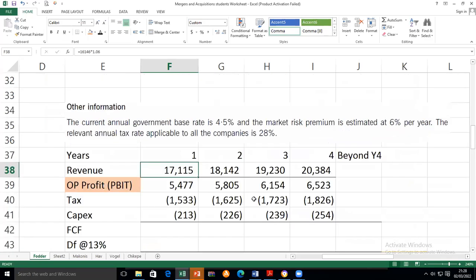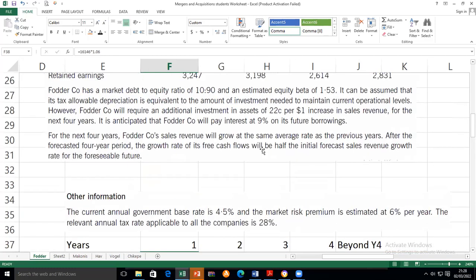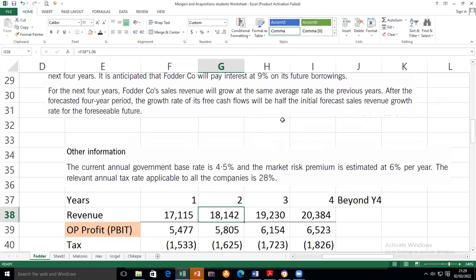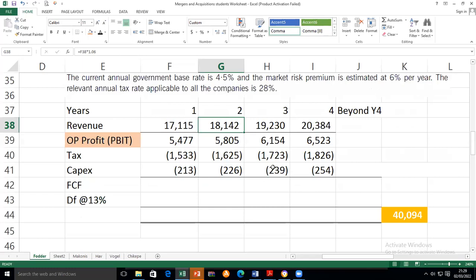Are we all getting that? 18,142 less 17,115 multiplied by 0.22 gives you 226. 19,230 less 18,142 multiplied by 22 cents, or 0.22, gives you that. That is the capex that was needed here. The other one wasn't needed because it was an in and out figure.